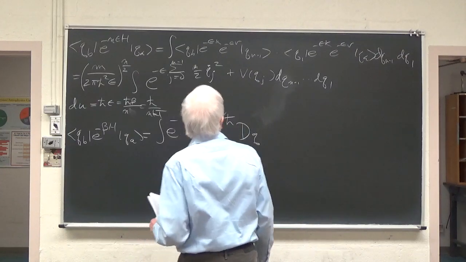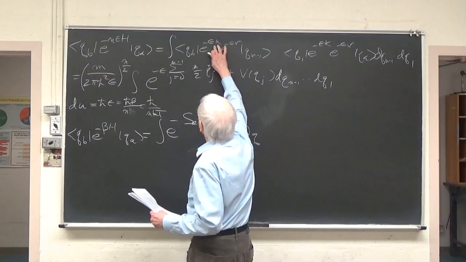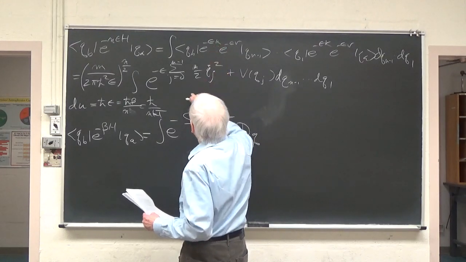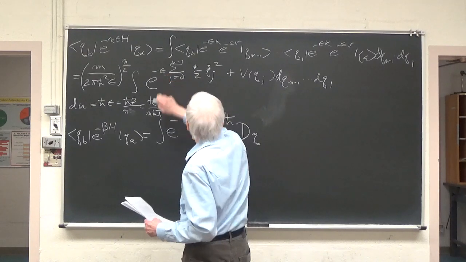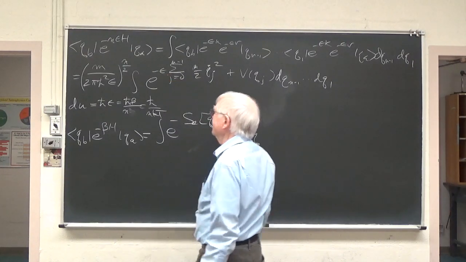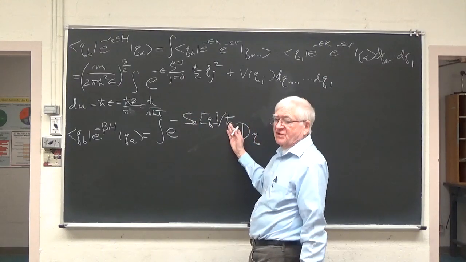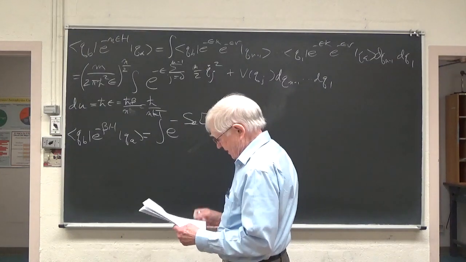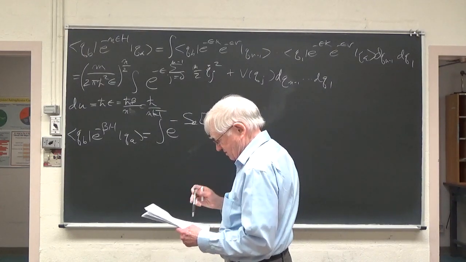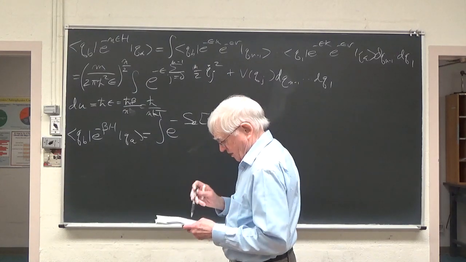Let's just look at what this is. This epsilon is beta over n. So this is just du here is, oh, if I want to put in an h bar here, then I can divide by h bar. So that's basically the idea. Whether that makes sense or not in notation is a question.